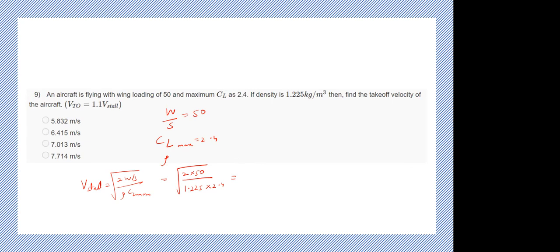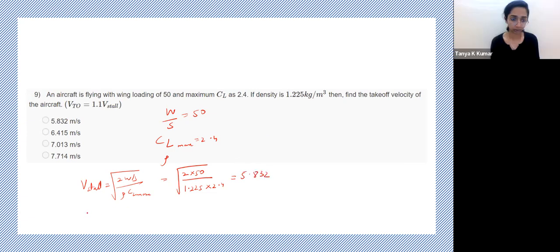This value is 5.832. And the takeoff is just multiplying it by 1.1, which is 6.4. Correct? Is this what everyone has got? Yes, ma'am. Somebody had said fourth option. Did you figure out the mistake?